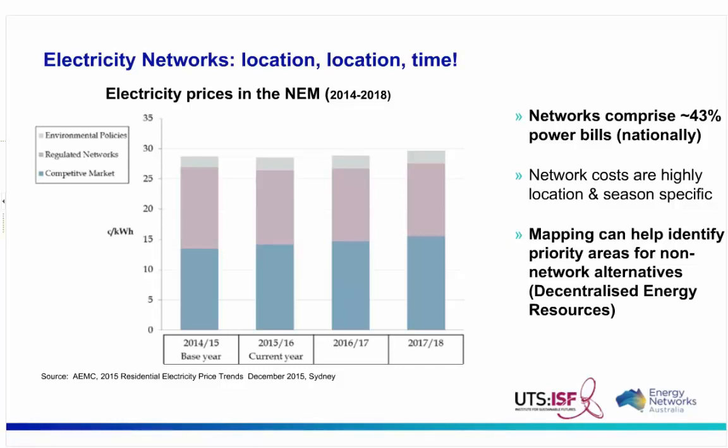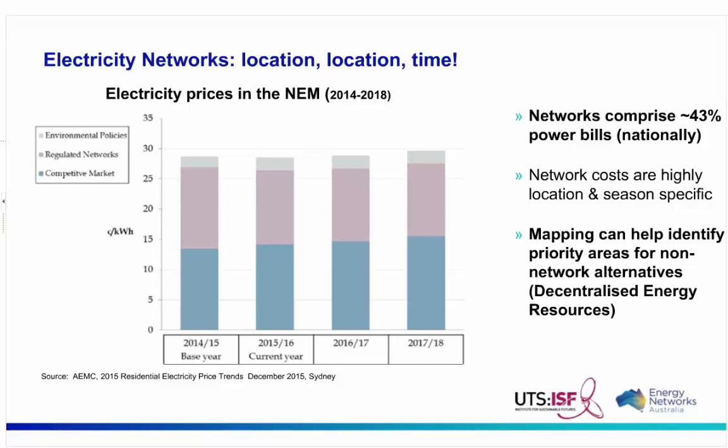And it's about facilitating those low-cost, decentralised energy resources in the right sort of mix to support the demand on the grid at different places in accordance with the constraints at different times of the day and different times of the year.